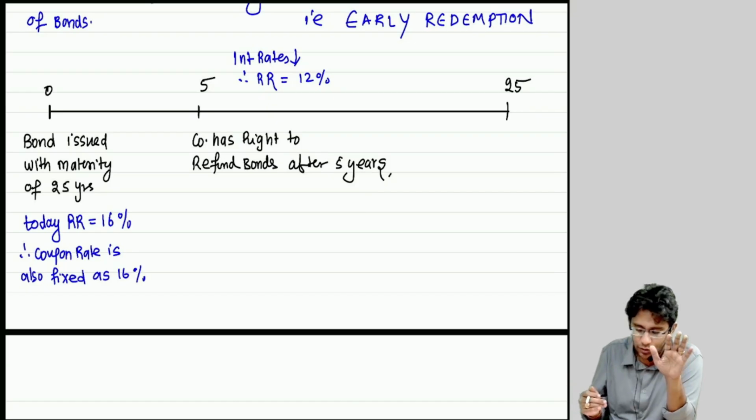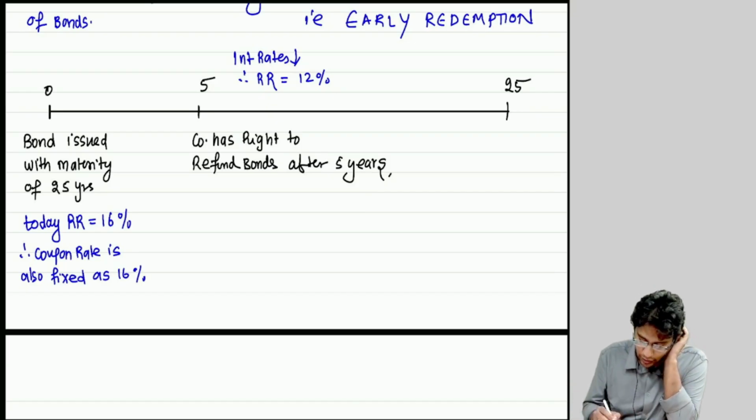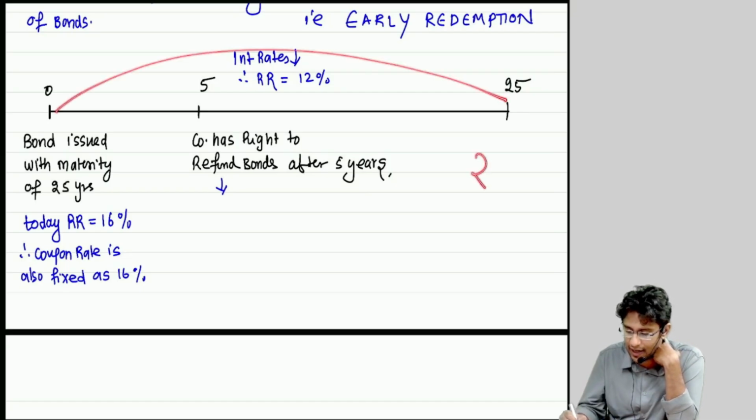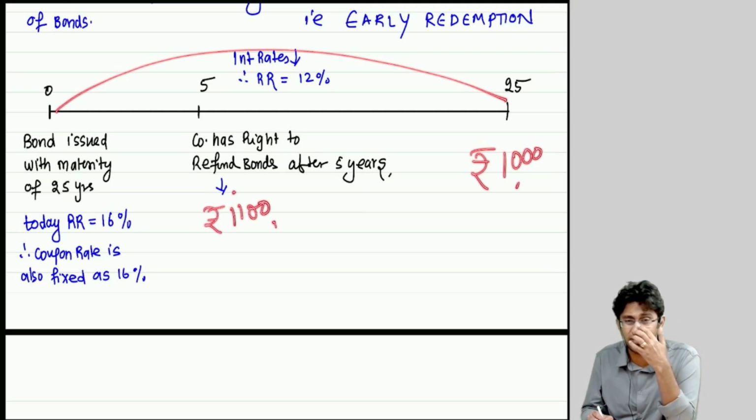So the company says, don't worry. In case I cancel the bond, I will cancel it at a premium. I mean, if you stay for 25 years, at the end I will pay you 1000. If I cancel it, I will pay you 1100. So the investor thinks, if the company does not cancel, then I will get 16% per annum return for 25 years. I am happy that way.